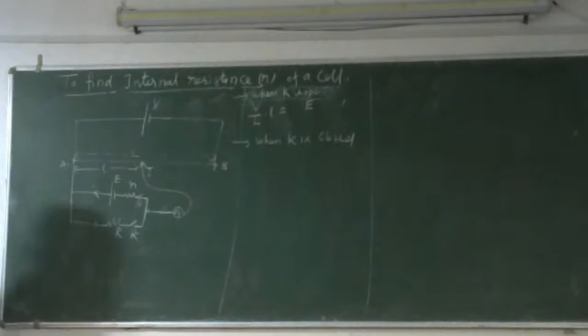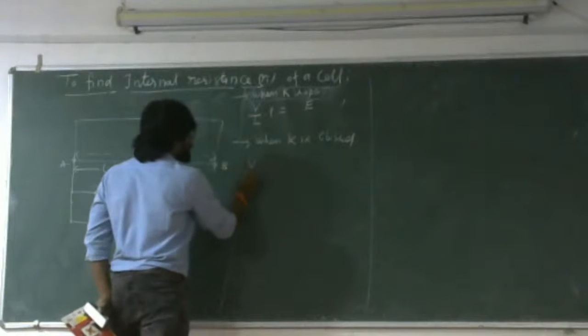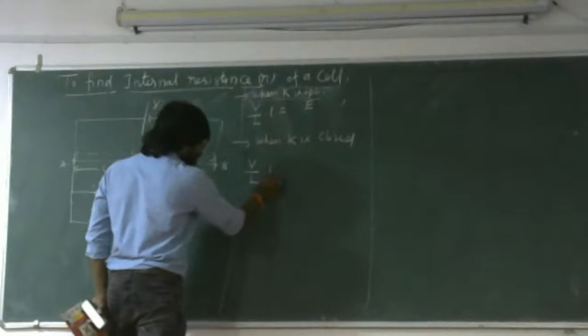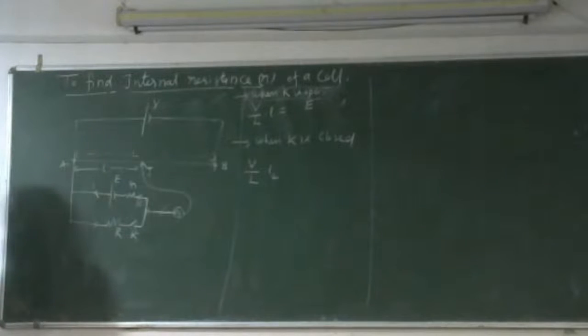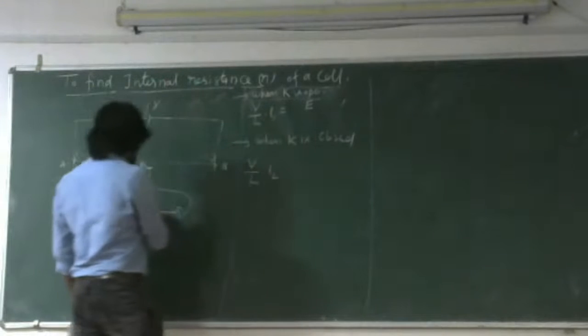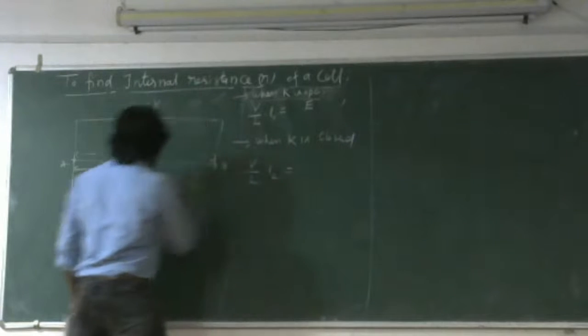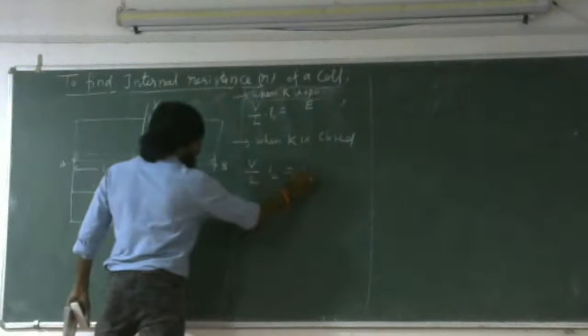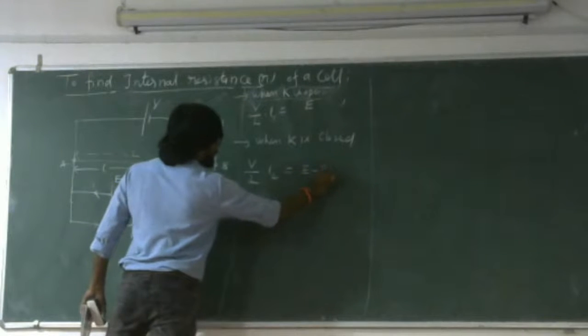That is a discharging condition. In the second case, the balancing length is L2; in the first case, it is L1. So V by L into L2 is equal to E minus I into small r.